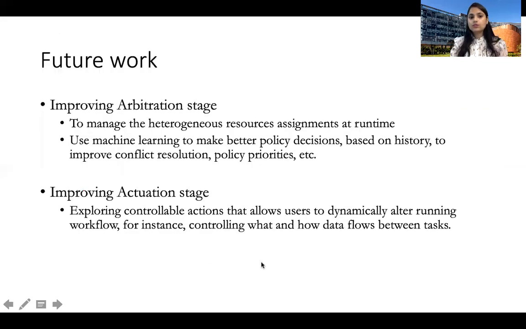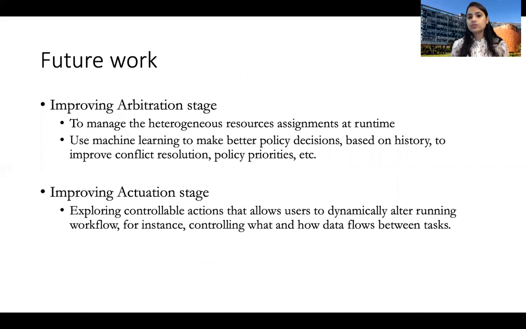For the future, we are considering two directions. One is improving the arbitration stage, where we want to improve the resource reassignment decisions, since compute nodes are becoming resource intensive with many heterogeneous components packed in them. So there are many opportunities to improve those decisions.